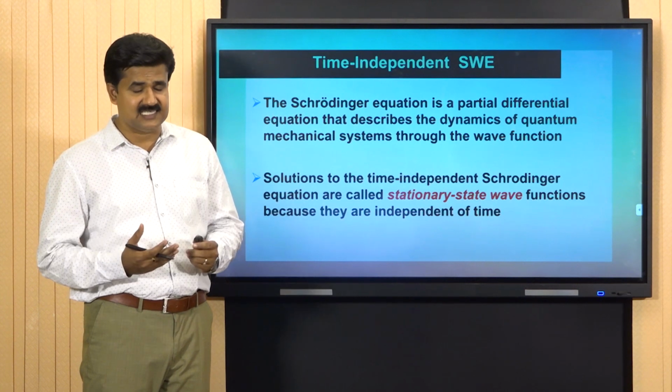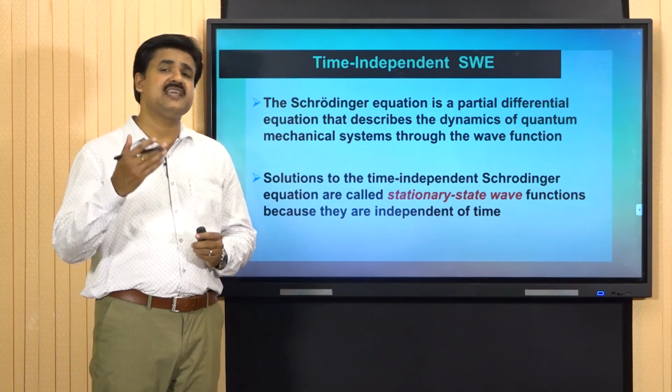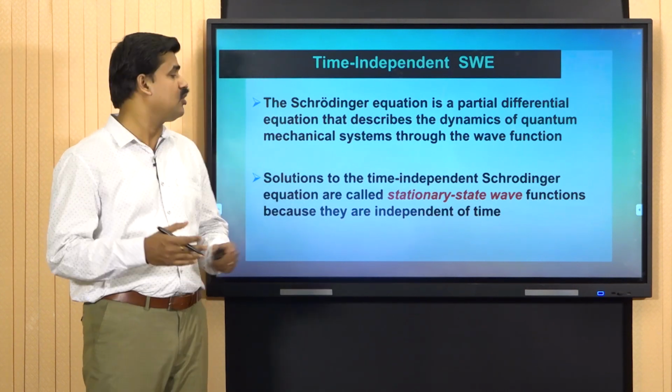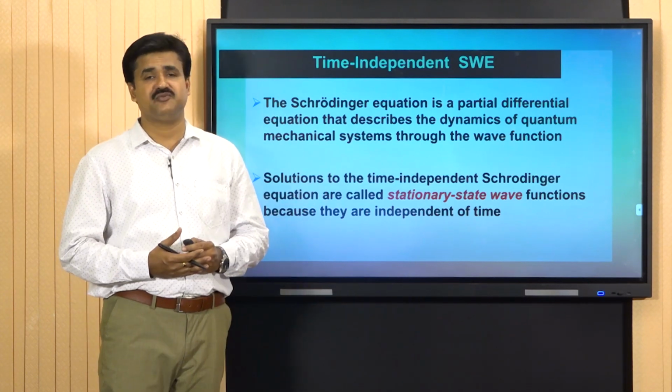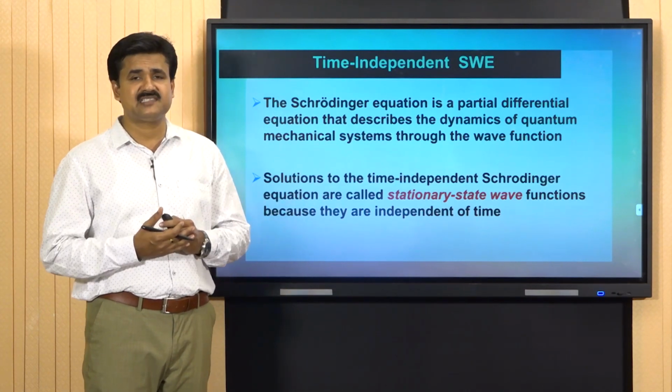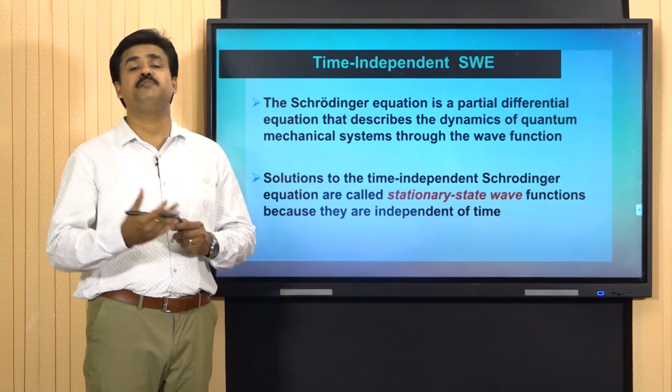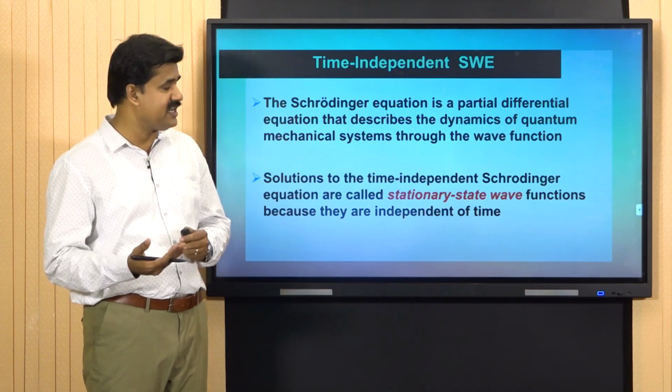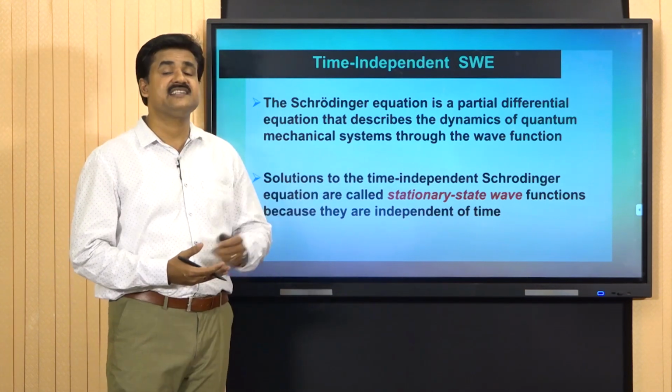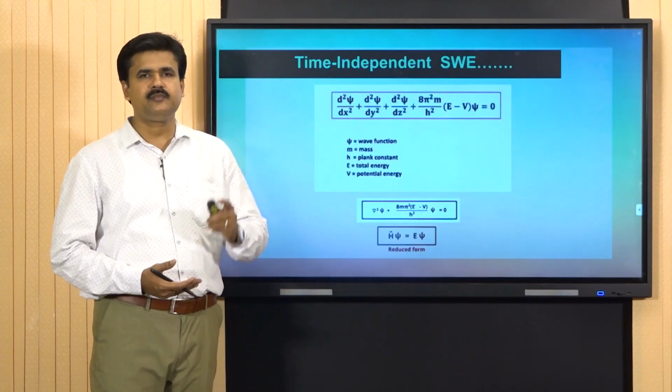This simply means that here the solution of time-independent equation are called stationary state wave functions. Stationary state means the wave function that is independent of time. Hence the solutions are called stationary state wave functions.